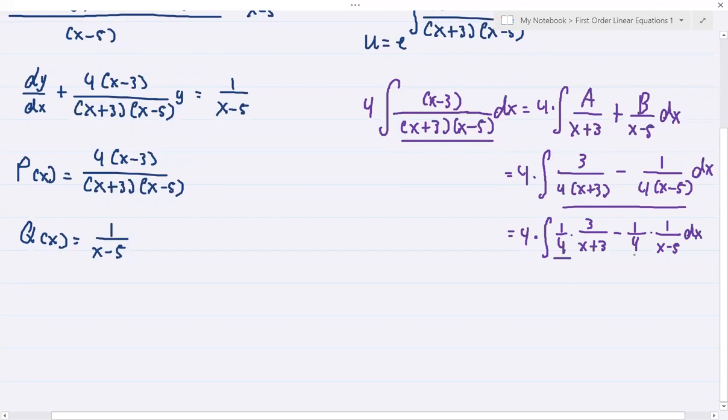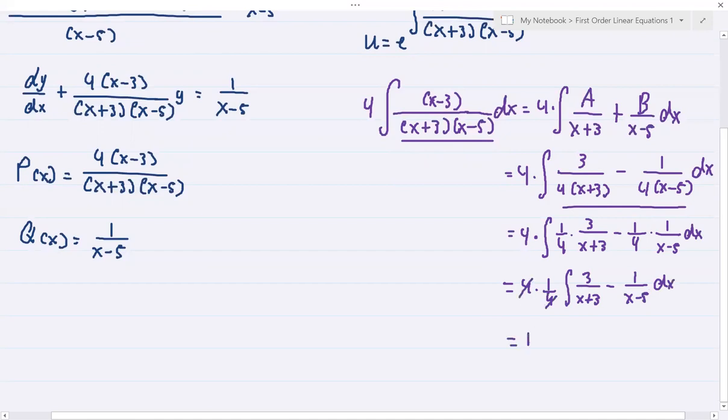Factor it out, I will have 4 times 1/4 times the integral of 3 all over x plus 3 minus 1 all over x minus 5. After that, 4 times 1/4 cancel out.